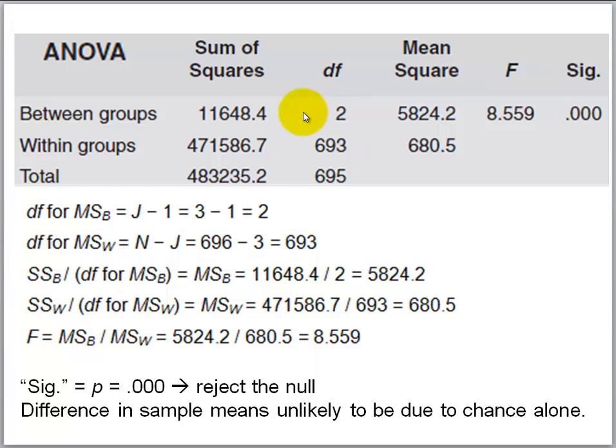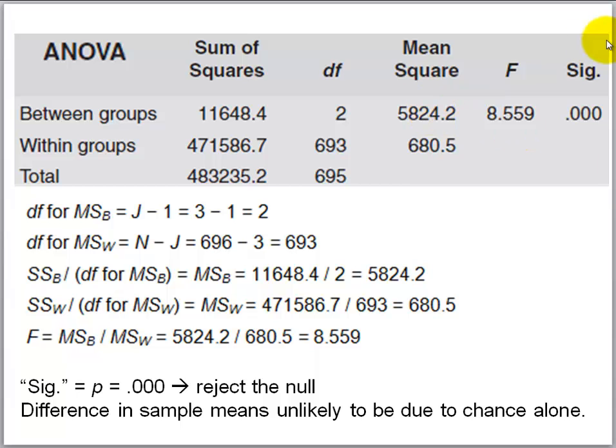So the sum of squares associated with the mean square between, which is to say the between group sum of squares divided by the between groups degrees of freedom, gives us 5824.2, and that is the mean square between. That is our estimate of the population variance based on the differences in means between the groups.